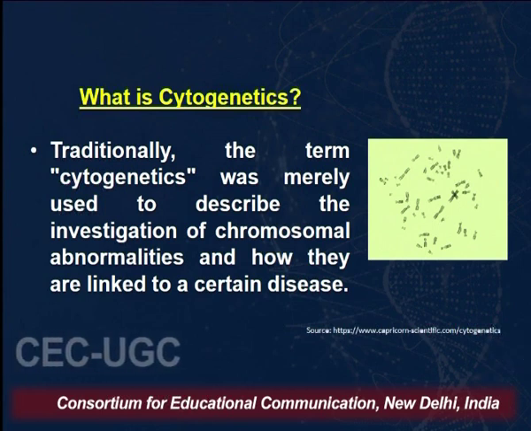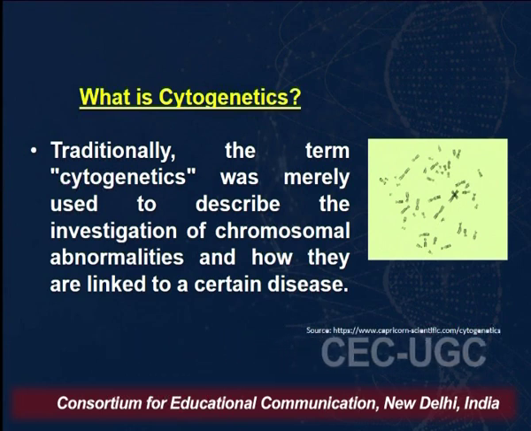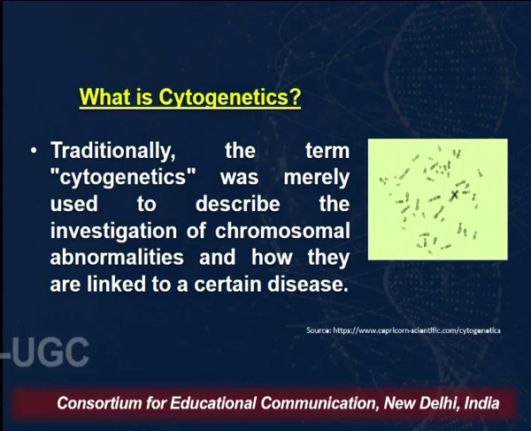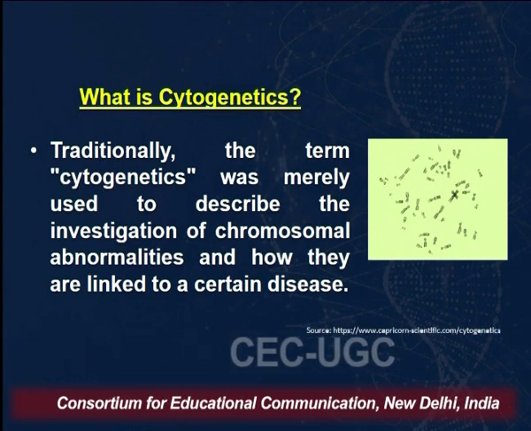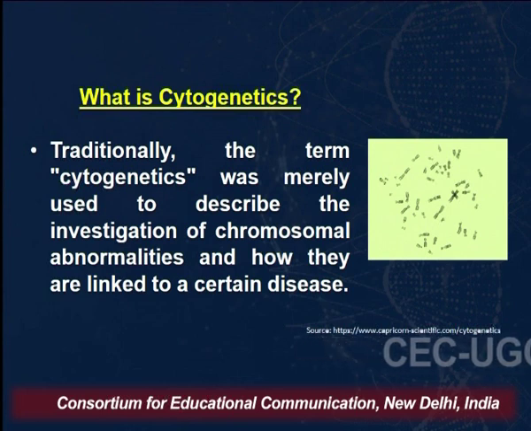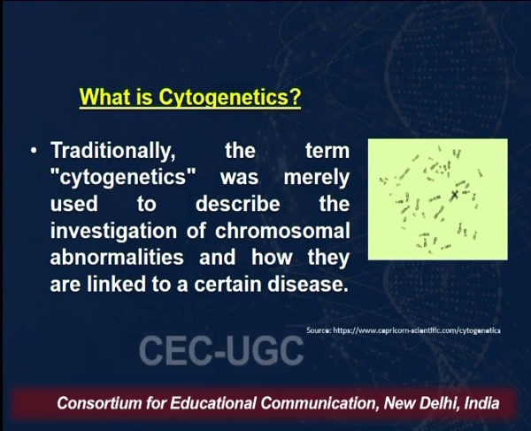So, we can see over here the image which shows how the chromosomes of a single cell are scattered on that particular plate, and by observing them we can make out which part of these chromosomes is missing, and then we can trace out which disease this particular person or the child is suffering from.